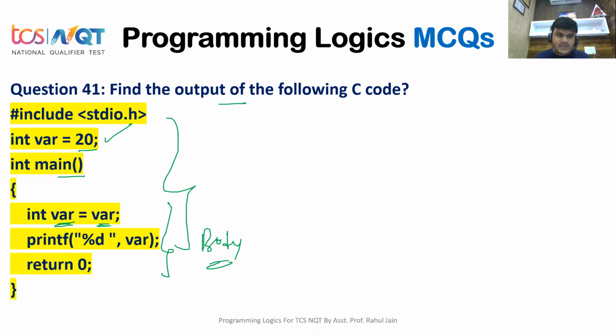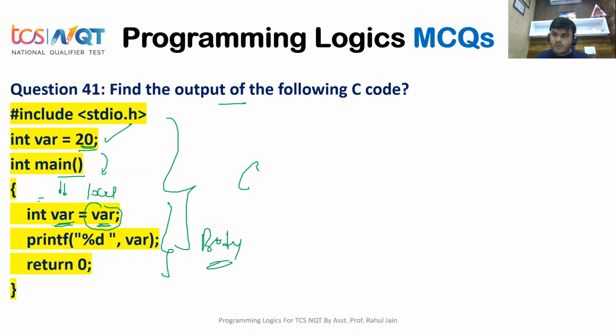Why? Because the concept in the C standard is that if we are declaring int var = var, then it reflects that inside this main body, inside this local scope, we don't have any var declared yet. This var is external, global. So that will not be called here, right?